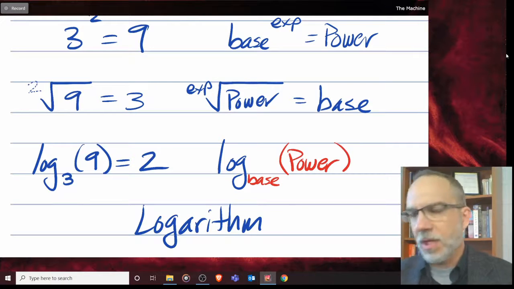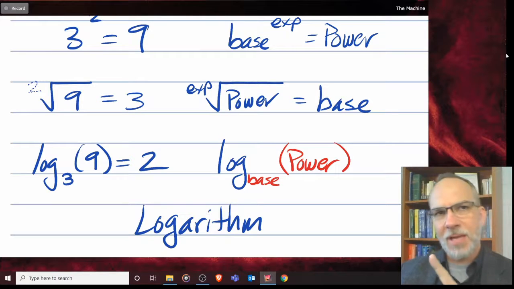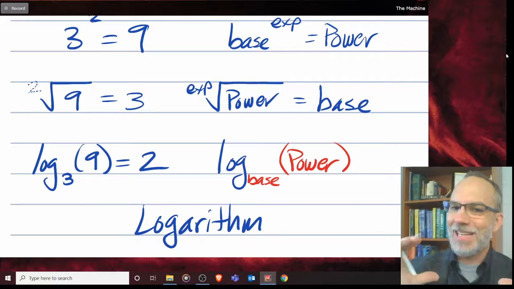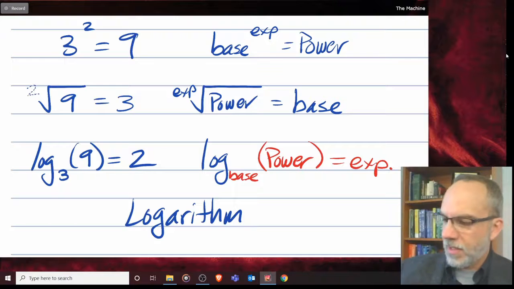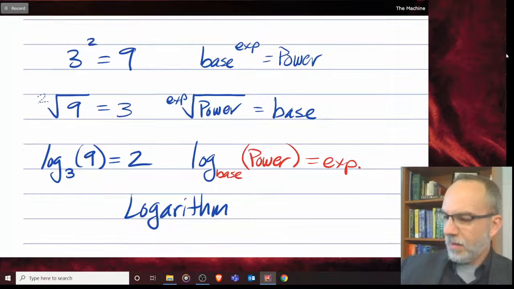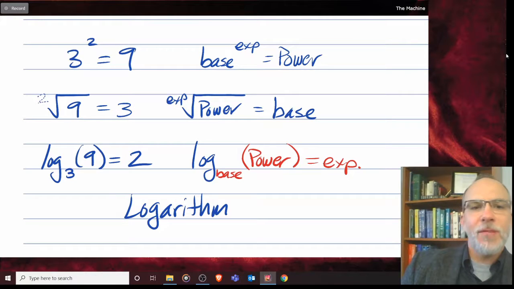Some books don't, and then it gets confusing as to what's your base and what's your power and what may be coming afterwards. I need that group. And then the answer is the exponent. This is kind of like the little Trinitarian thing of exponents, bases, and powers. Three different arrangements for three different types of considerations.